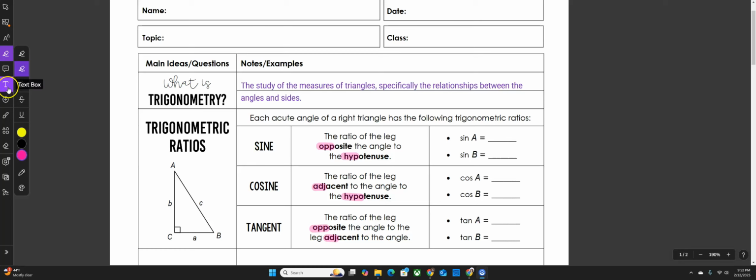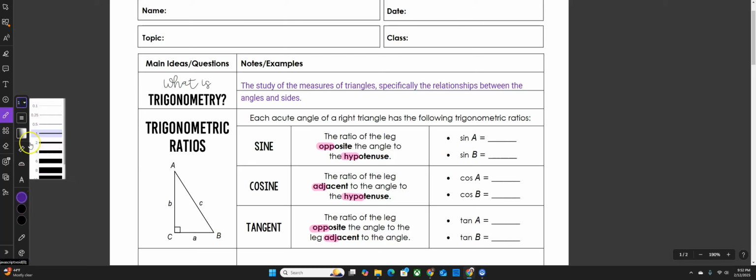All right, so we're going to try a couple of different techniques here. We're going to focus on angle A before we focus on angle B. So I'm going to use my drawing tool to highlight the angle that I'm interested in, or trace it. I'm going to take my blue color and trace AB and AC.